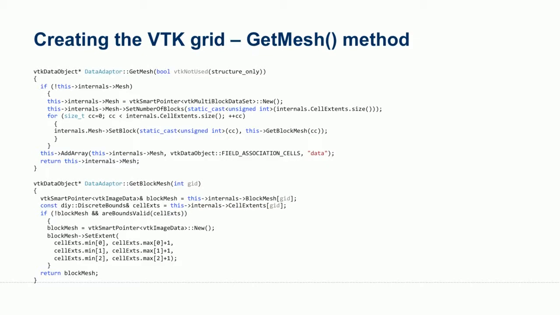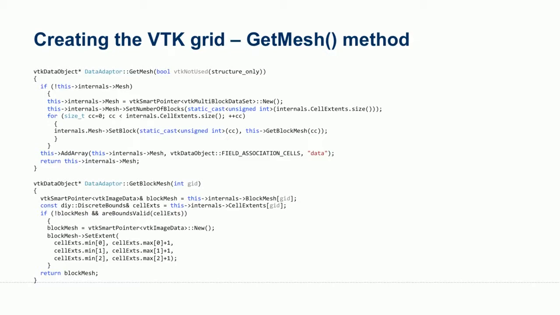And in here, we're actually just creating the VTK data set. So in here, we're setting the extents, the spatial extents that tell where the block is positioned. And we're not setting the origin or the spacing. So those have default values of 0, 0, 0 for the origin, and the spacing is 1.